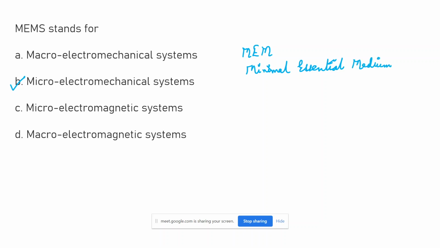It's just a basic medium which has the minimal requirements, amino acids and things like that. And it is also abbreviated MEM. I have just mentioned it because this term is very common in animal cell culture systems, just in order to avoid any confusion. But here in this context, MEM stands for micro electromechanical system.